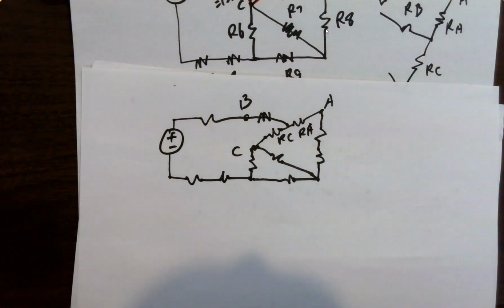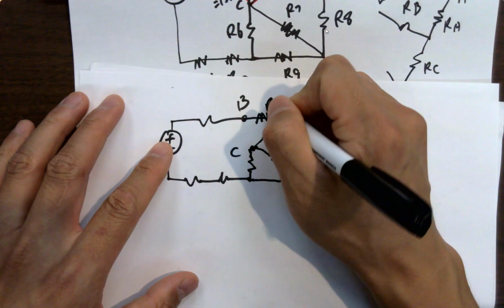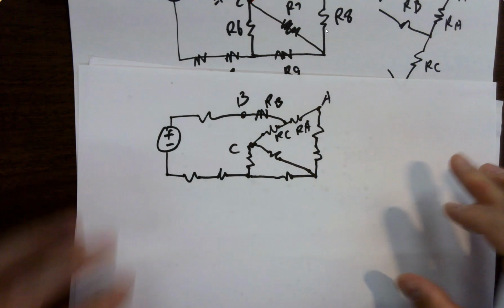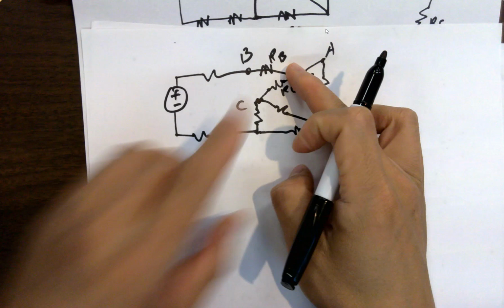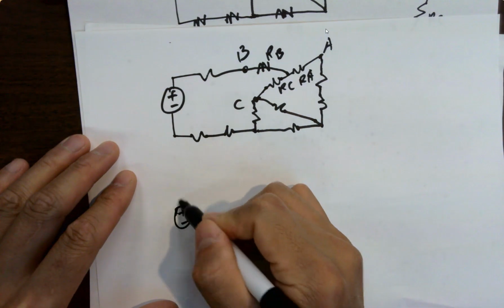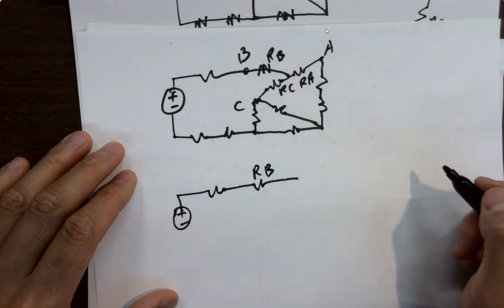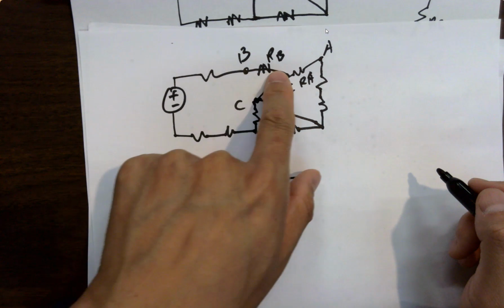Is this helping anything? See if this is simplifying anything. Let's see. It's better than the triangle. What's the next step to make it look better? Yeah, let's convert it. Just make it straight. So we're getting here. You got RB in series.